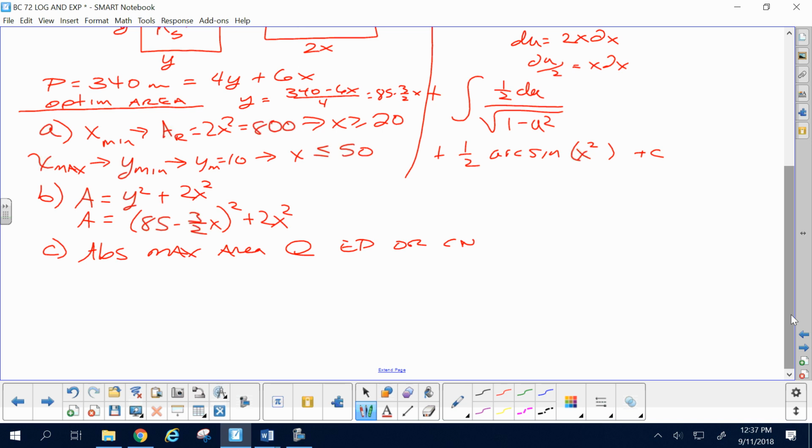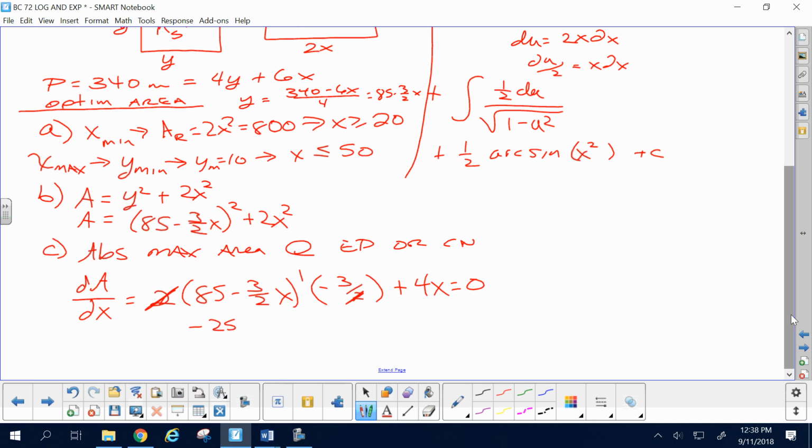Part B then, we need to differentiate. The change in area as x changes would be 2 times (85 minus 3 halves x) to the first times the inside derivative, negative 3 halves, plus 4x. Do you agree with my derivative? Correct me if I made a mistake, which is entirely possible. If I divide a 2 out, then I'm going to distribute negative 3. So I'm feeling like that's negative 255 plus 9 halves x plus 4x equals 0.